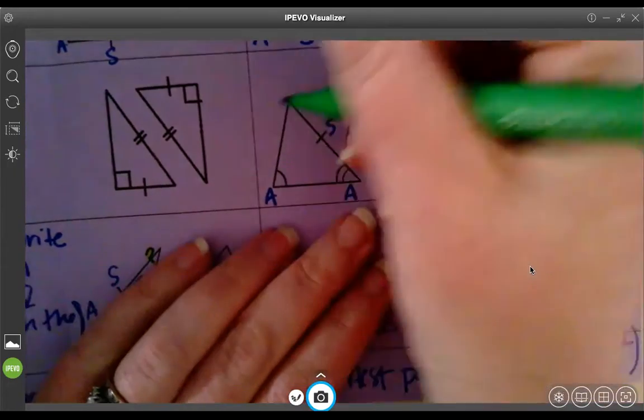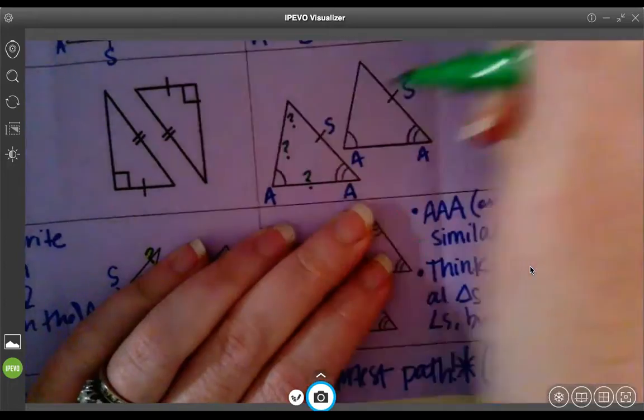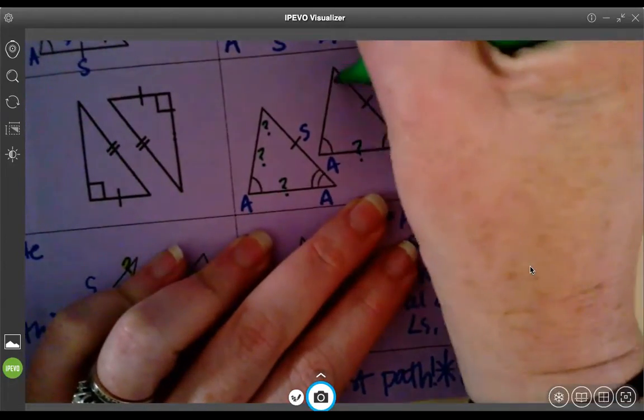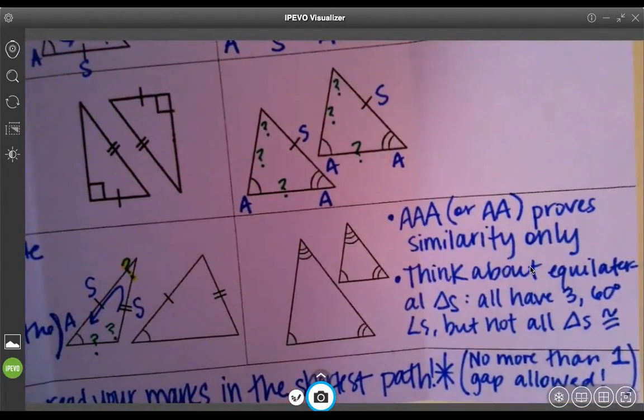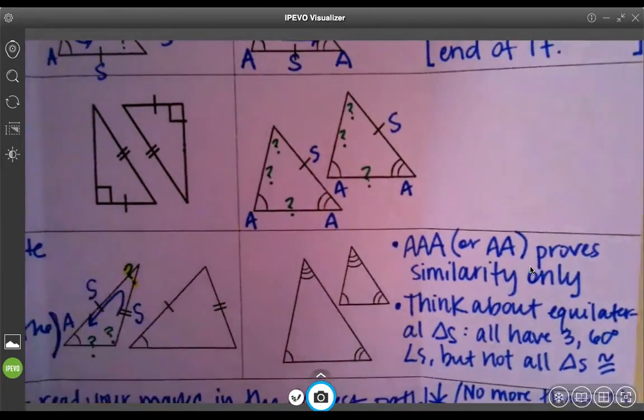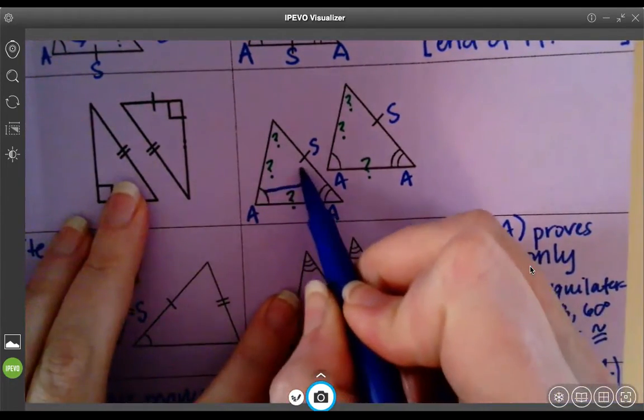Now you're not always going to write these question marks in there. But as we're learning it, it's helpful so that you have a visual to see where the gaps are. These are your gaps in information. You know nothing about those where we have a question mark. So the path with the fewest gaps goes across the bottom and then curves around this way.